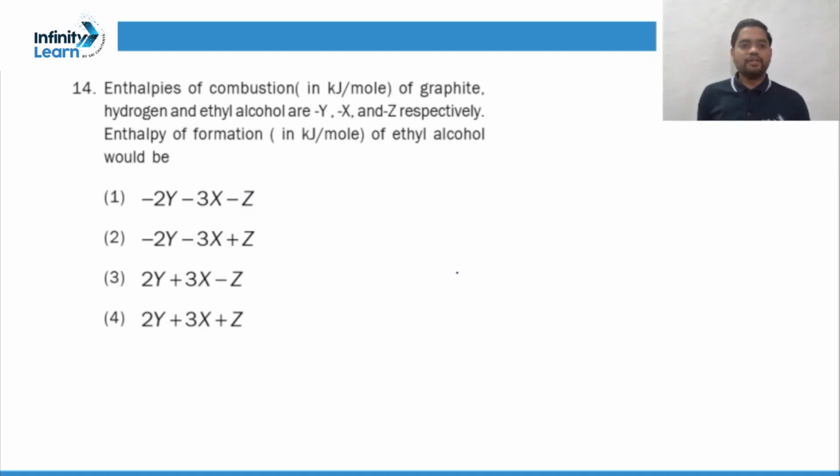Question number 14 talks about the enthalpy of combustion in kilojoule per mole of graphite, hydrogen and ethyl alcohol being these respectively. The enthalpy of formation of ethyl alcohol will be. So the enthalpy of formation of ethyl alcohol. What is ethyl alcohol? It is C2H5OH.